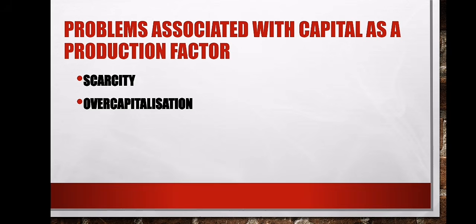The farmer invests more than what the business requires. He buys more tractors than what the business requires. He buys more bakkies than what the business requires. He builds a big silo than what the business requires. He builds a big storage room than what the business requires.